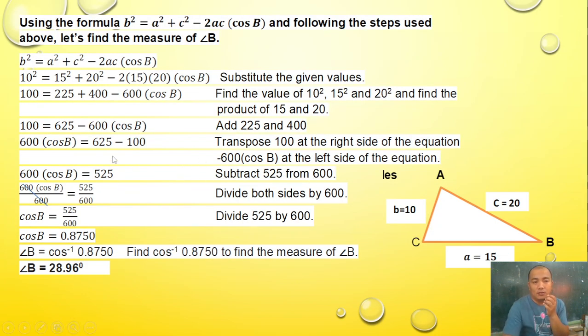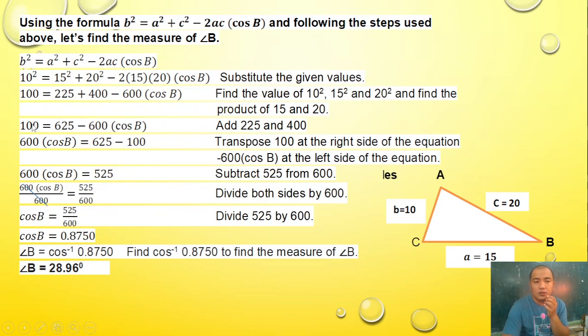For angle B, our formula will be B squared equals A squared plus C squared minus 2AC cosine B. 10 squared equals 15 squared plus 20 squared minus 2 times 15 times 20 cosine B. 100 equals 225 plus 400 minus 600 cosine B. 225 plus 400 is 625.